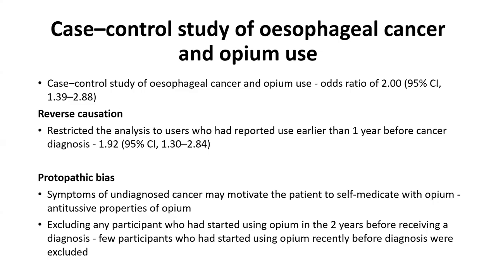Okay, thank you. Ma'am, and then you see, when you want to exclude, you are saying 2 years, before 2 years, whether they were using opium or not, because you want to rule out the symptomatic phase. Yes, Dinesh? Second point, why should we exclude patients who had used opium 2 years before also, ma'am?